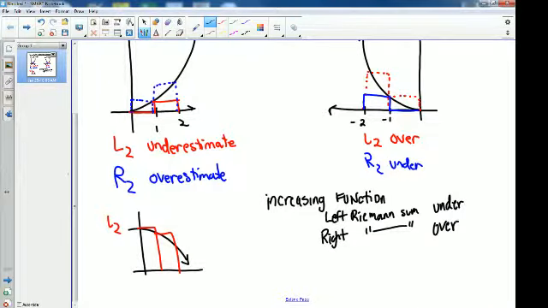Yes. And if we have a decreasing function, it switches, correct? Mathematicians love shorthand to try to keep up.